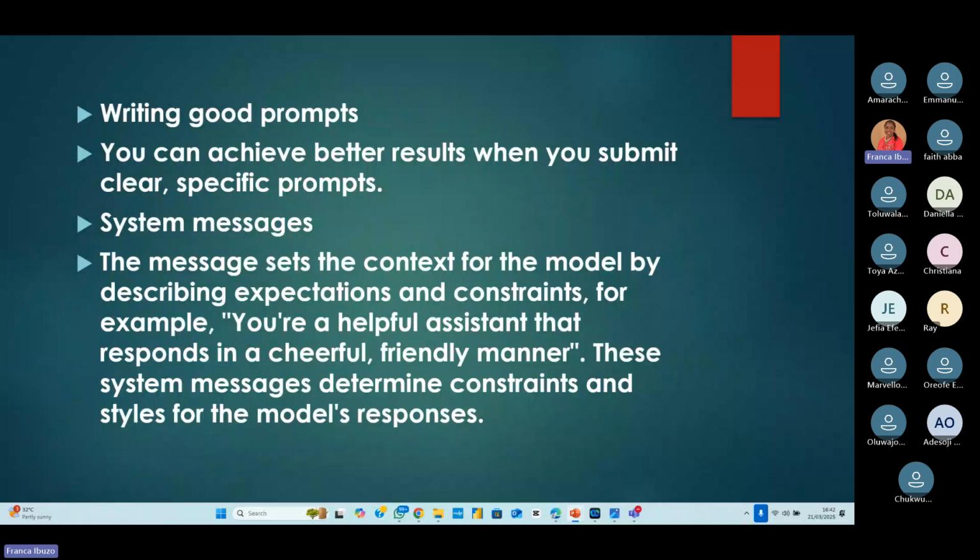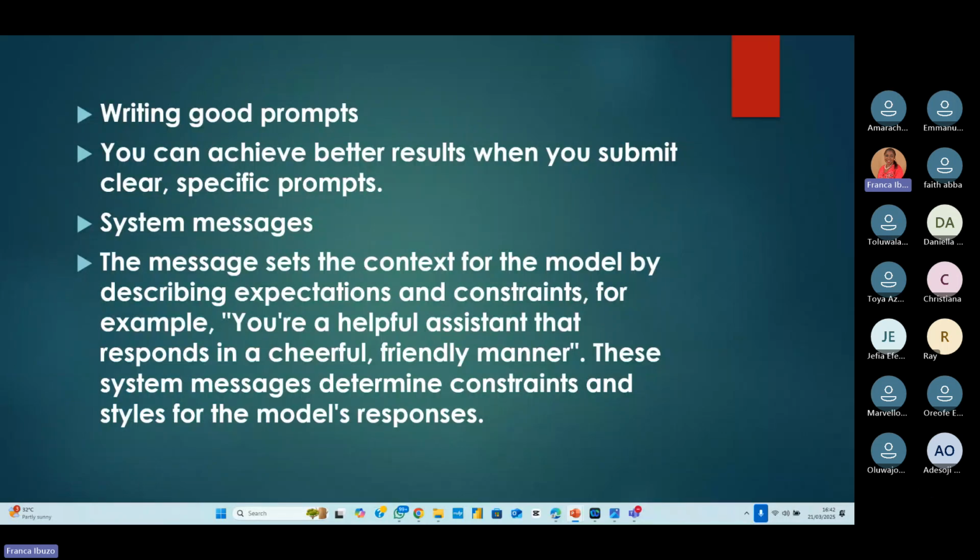So we need to learn how to write good prompts. Your prompts need to be clear and specific so that you will get the right response.